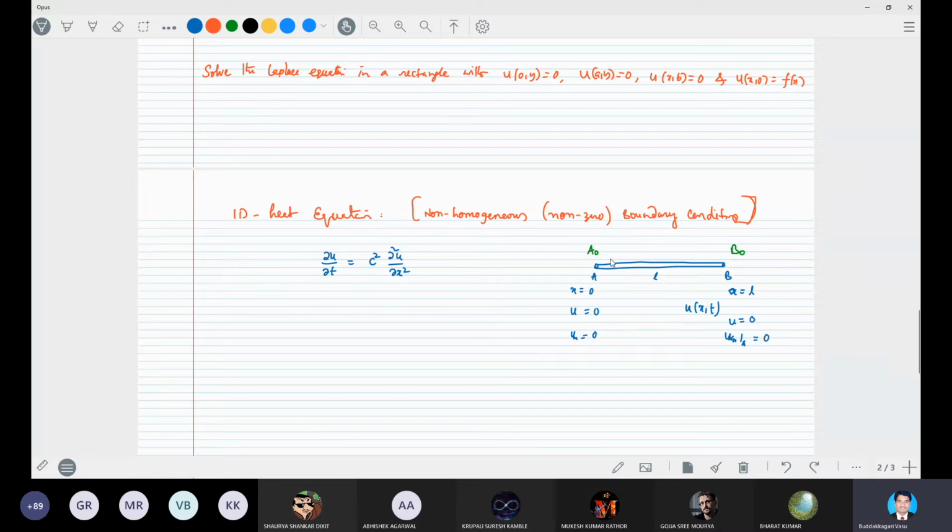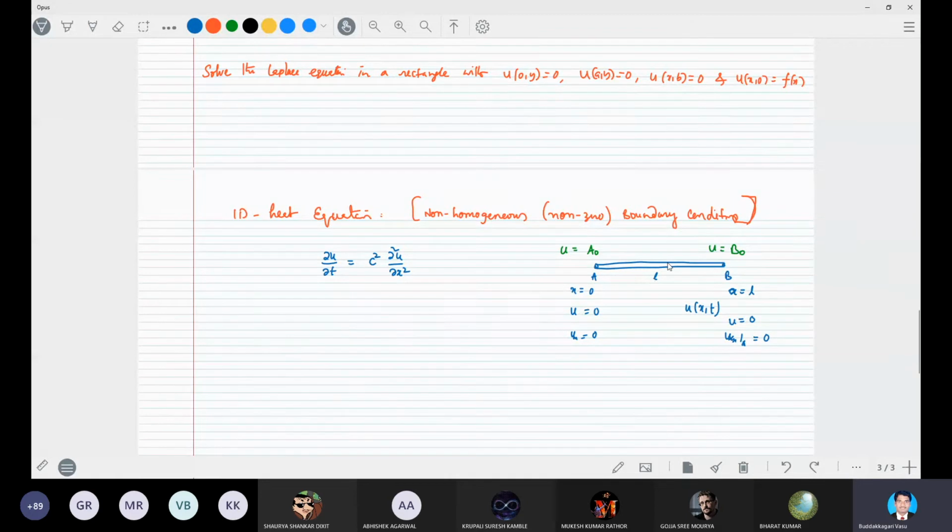They are different temperatures: u at x = 0 is A0 and u at x = L is B0. We give different temperatures to the thin rod until the body gets to equilibrium.